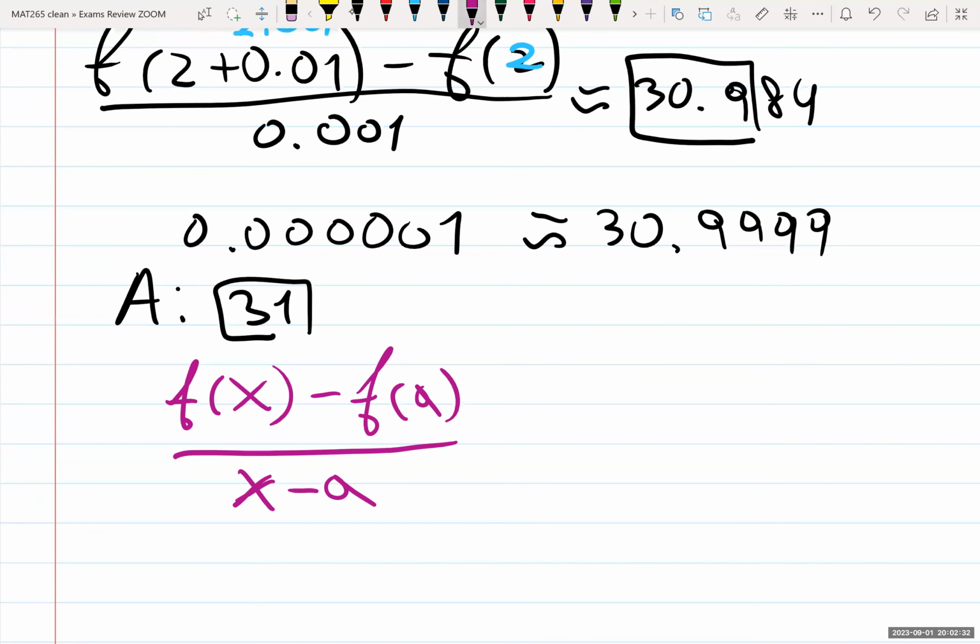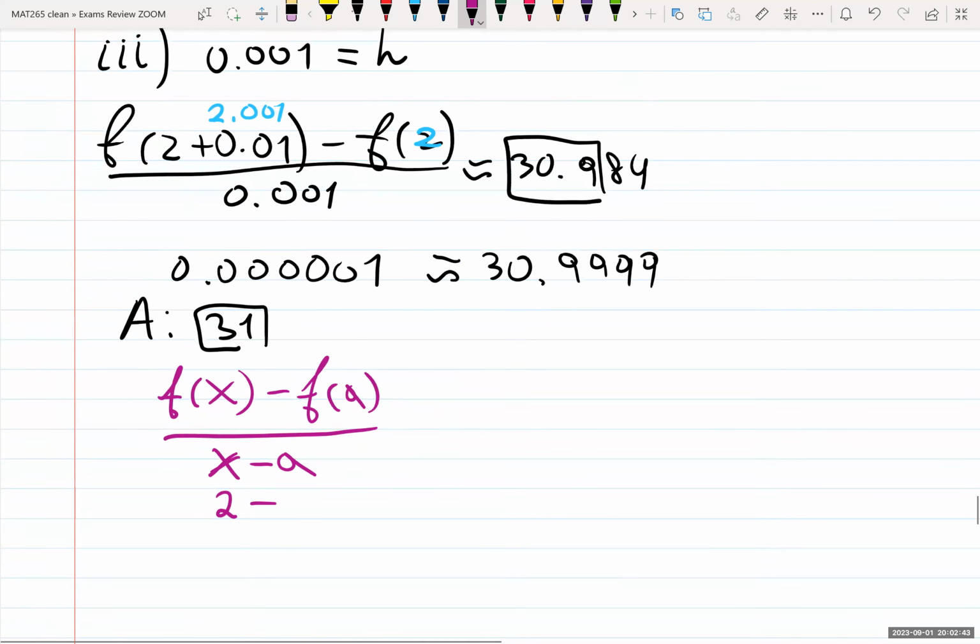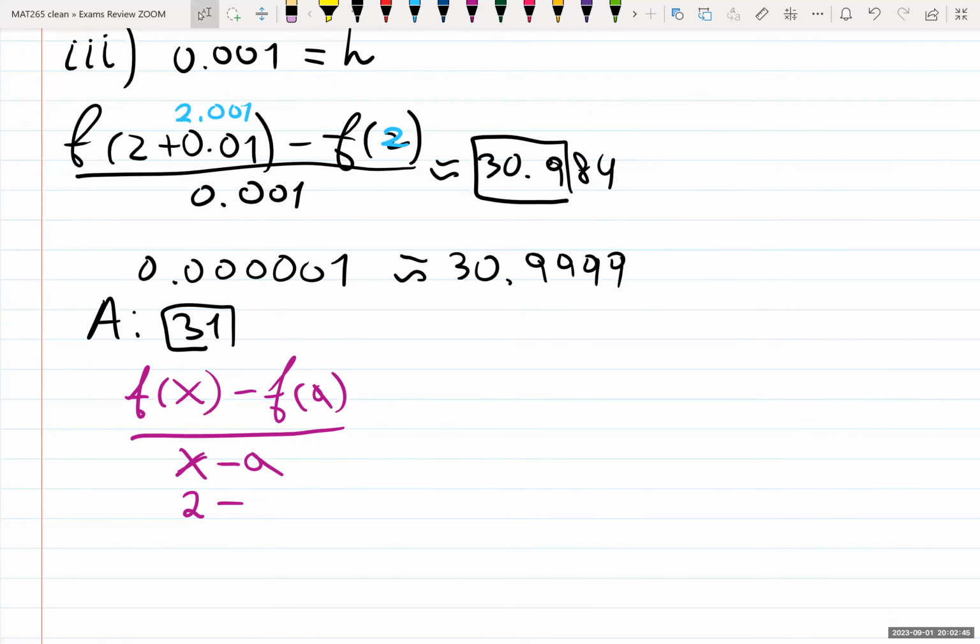The thing is, here they do 2 minus, in this problem, it will be harder to use this formula. I remember we defined h as x minus a. That's how the next formula showed up.